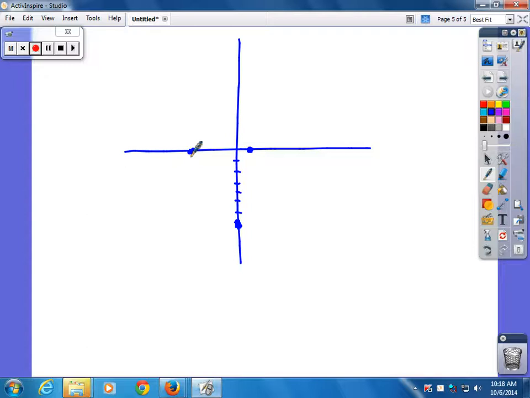And what's our vertex? Negative what? Negative 1 and what? Negative 9? Right there? Negative 9?